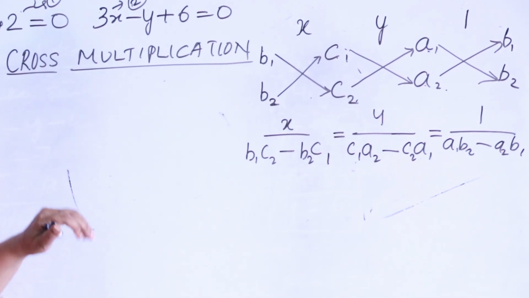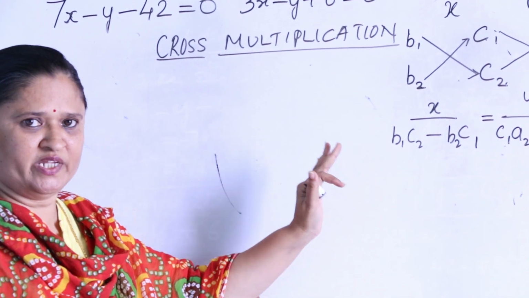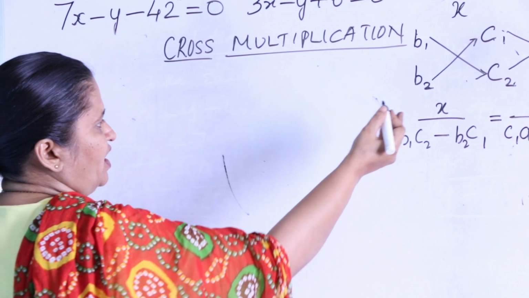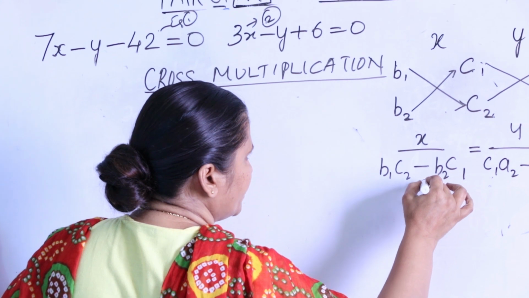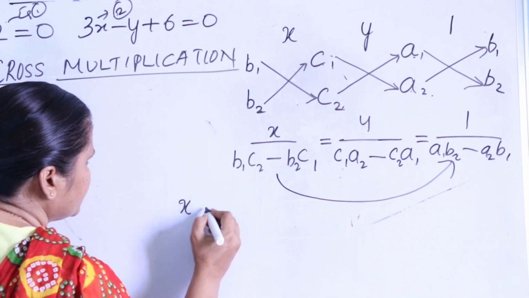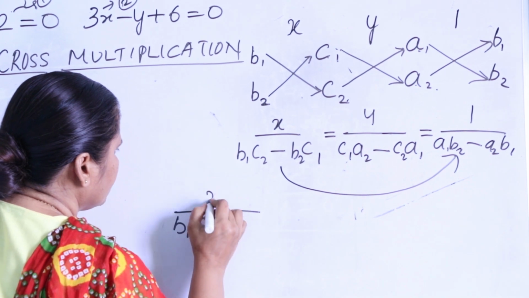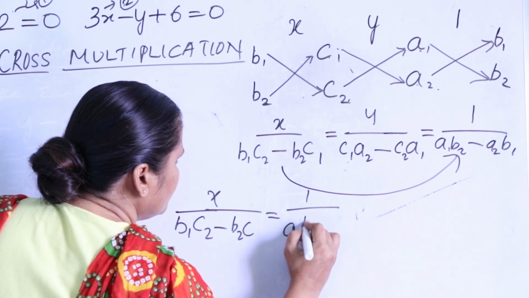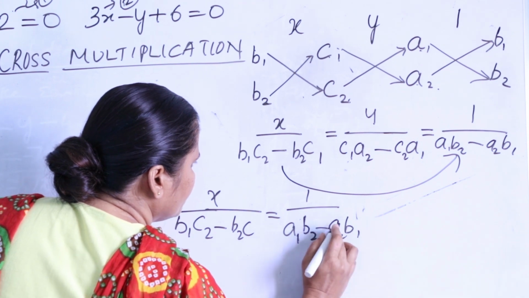Now let us see how we can use this to find our x and y. Our aim is to find the value of the variables x and y. We will consider this ratio and rewrite: X by B1 C2 minus B2 C1 equals 1 by A1 B2 minus A2 B1.